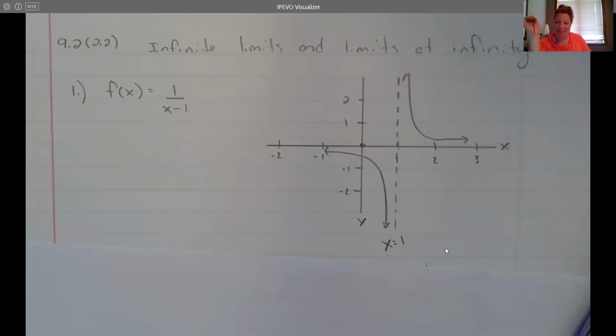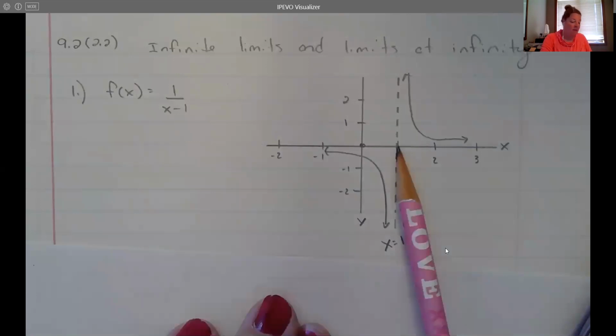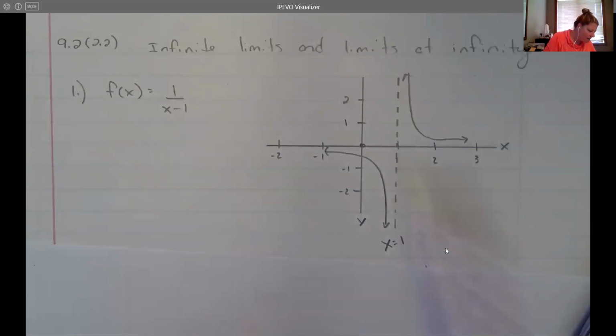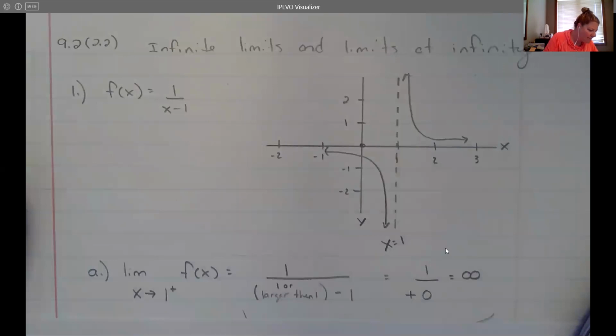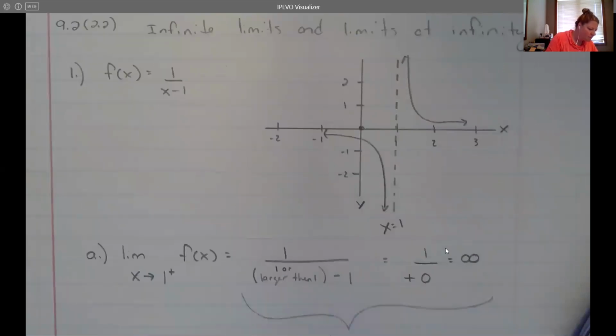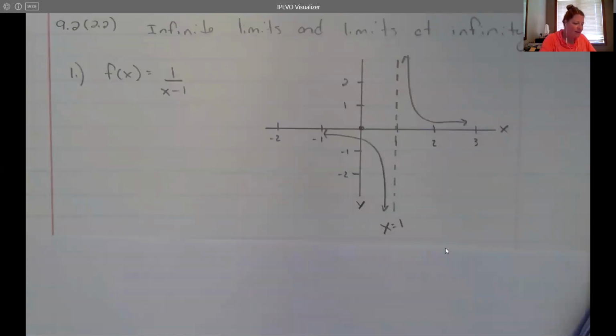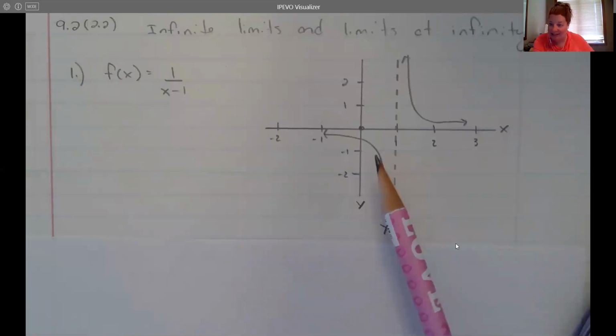Because the limit to the left and the limit to the right aren't going to the same spot, which we learned in our last one. But what if I ask the limit from the left side, from that negative side? Where is it headed to?